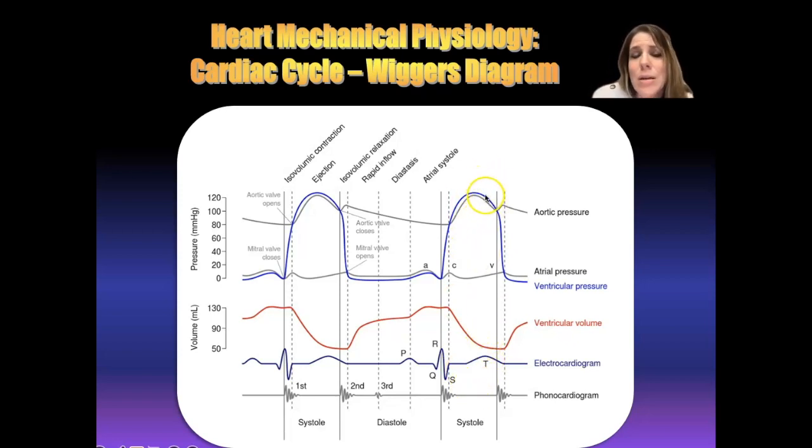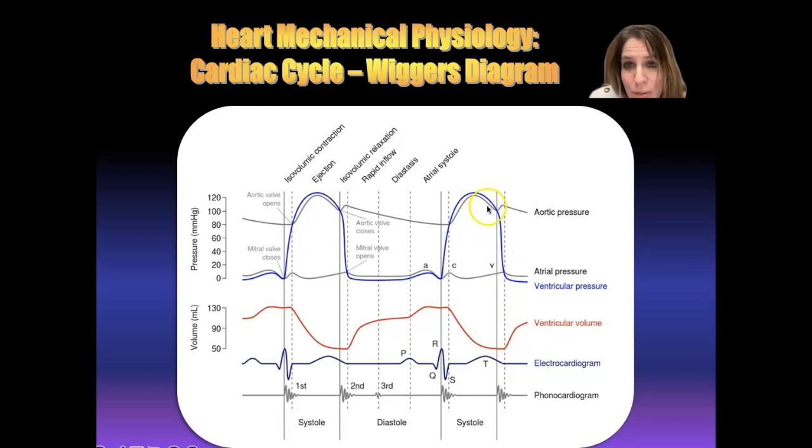So now we're entering ventricular repolarization. And so we're on that T wave and coming down out of that T wave. And by the end of that isovolumetric relaxation phase, we are gone and done with that T wave and ready to start the next cardiac cycle.